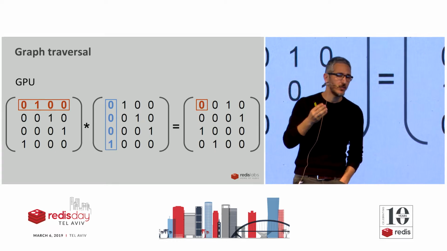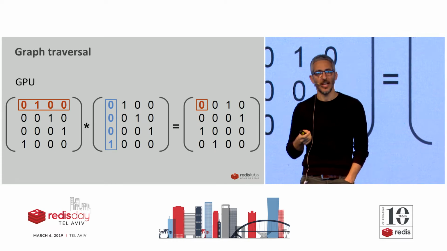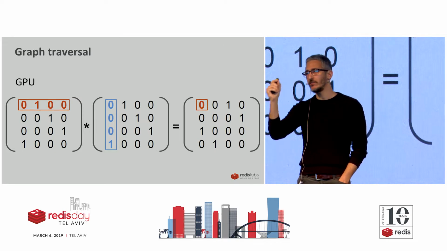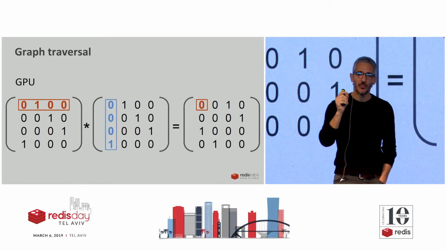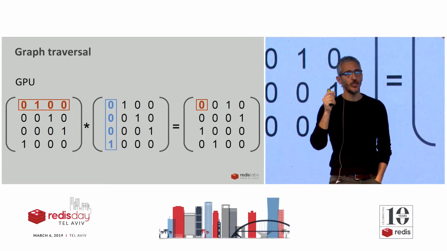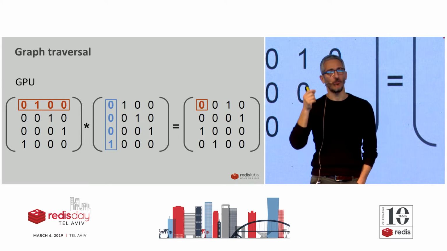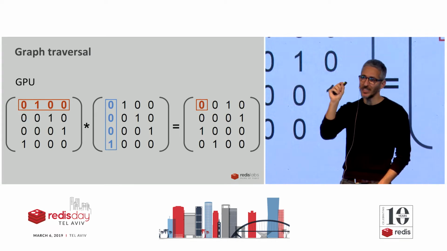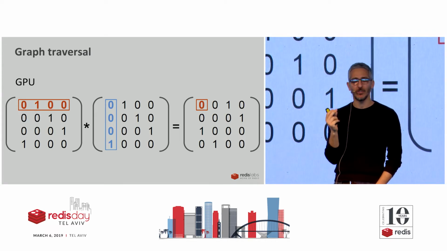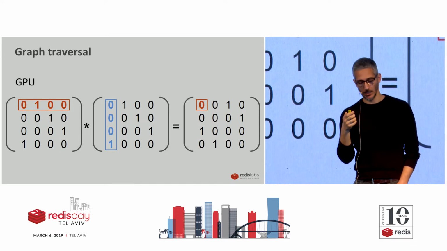So we're not limited to 16 threads. We can have each individual entry of the resulting matrix computed on a single GPU thread, and we have hundreds of thousands of those. So each GPU thread will compute a single entry, and all of the multiplication will be done instantly.